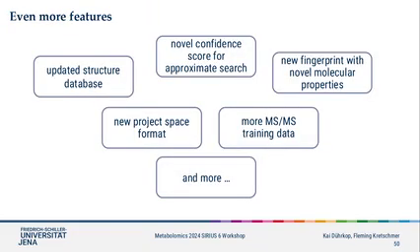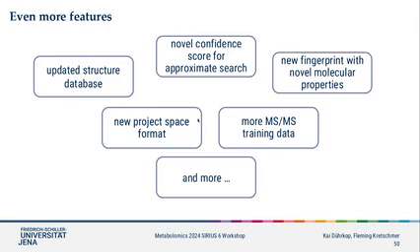What else? We improved the CSI:FingerID method. It's now a deep learning kernel-based method. We have a new confidence score, which also considers approximate search, but Fleming will show you this later. We refined the molecular fingerprint, and added more MS data. We now have the new NIST database in our training data.